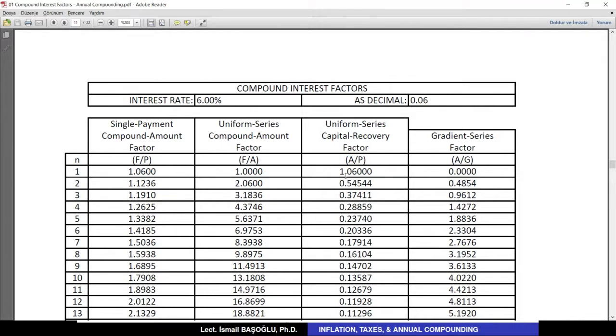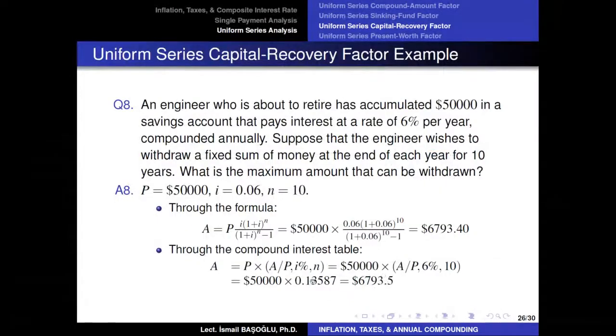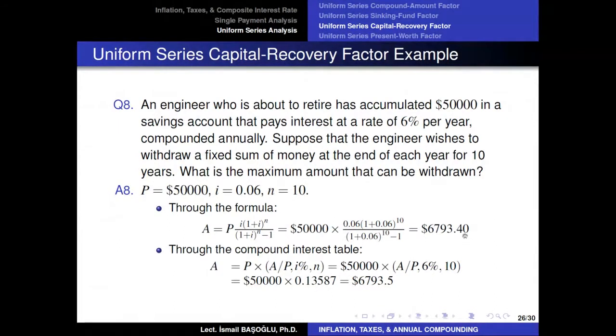And how many years of investments do we have in this question? 10. So your uniform series capital recovery factor is 0.13587. So we are exactly going to use that value in our formulation, and we are going to get a value which is only a little different than the value that we found through the direct formulation.